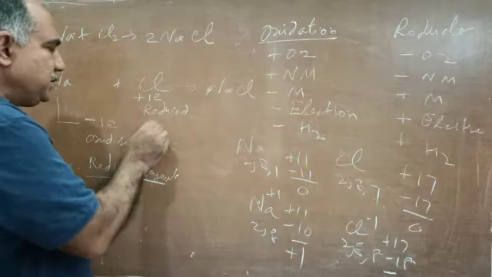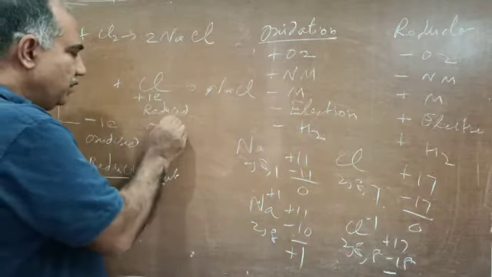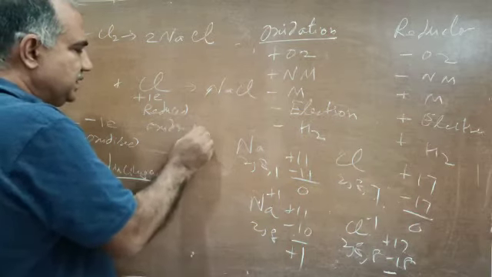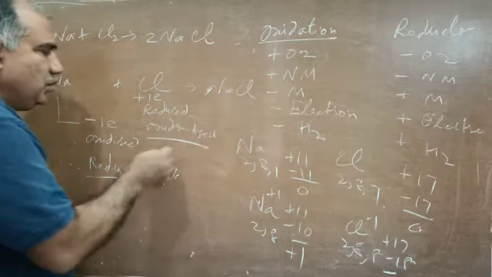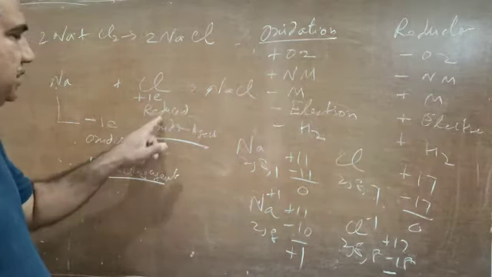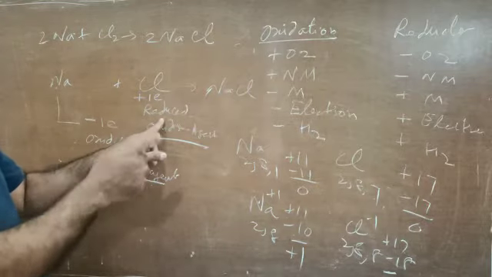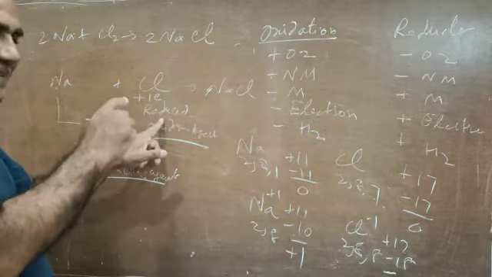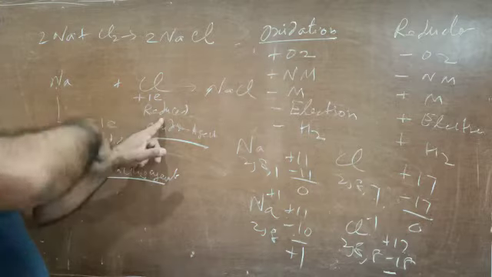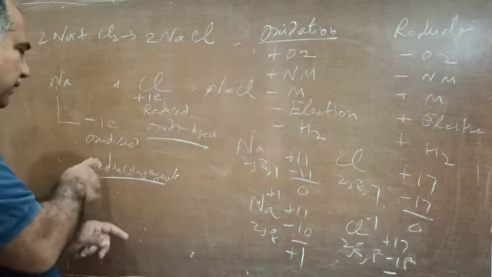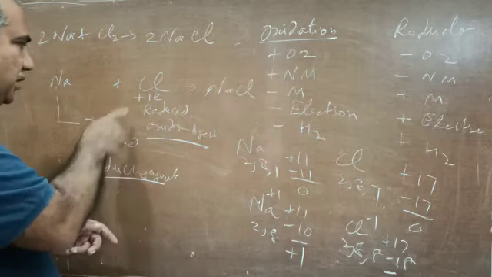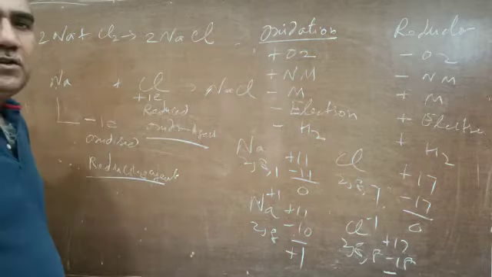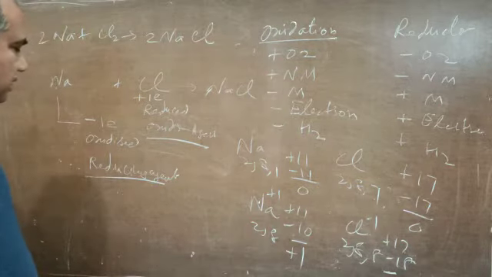And if this is reduced, this is undoubtedly the oxidizing agent. Why is it the oxidizing agent? Because this is reduced. Why is it reduced? By gaining an electron. If it has gained an electron, it has made sodium lose an electron, and loss of electron is oxidation. So it is chlorine which is responsible for sodium's oxidation.